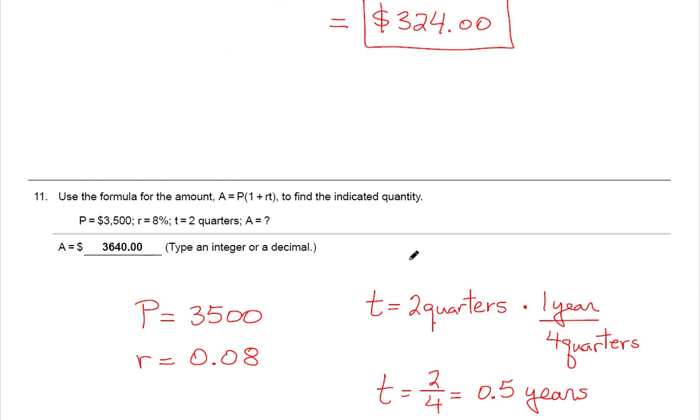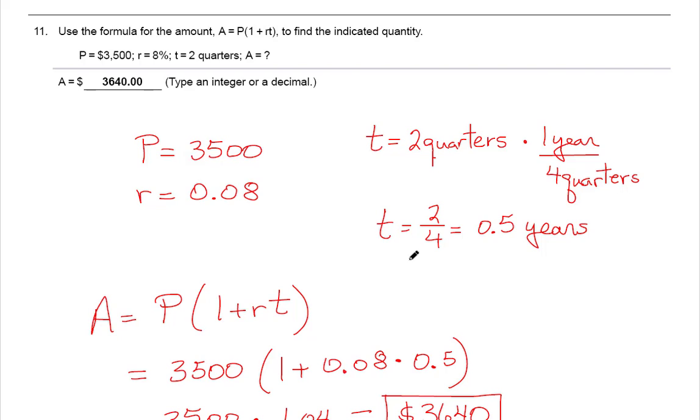Okay, and in question 11 here, we want to use the formula to find the amount of money we're going to have using simple interest. A is amount at a future time. P is what we have now. R is our rate as a decimal, and T is time in years. Let's see, P is 3,500.